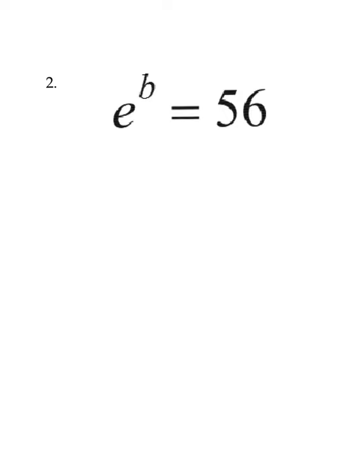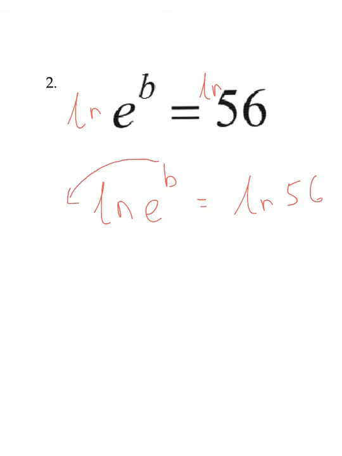So, example number 2. e to the b power equals 56. Step 1, take ln of this side, ln of this side. So now I get ln e to the b power is equal to ln 56. Okay, power rule. So I get b, don't confuse b with 6, okay, times ln e is equal to ln 56.